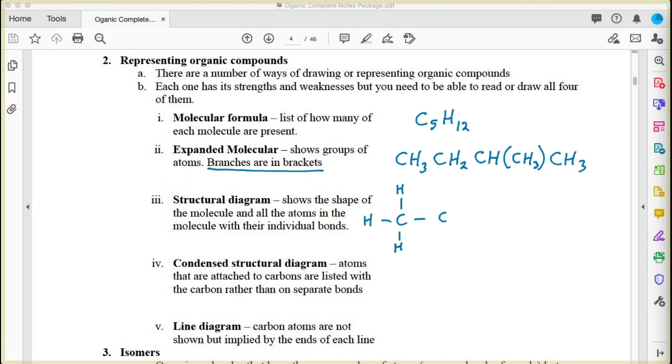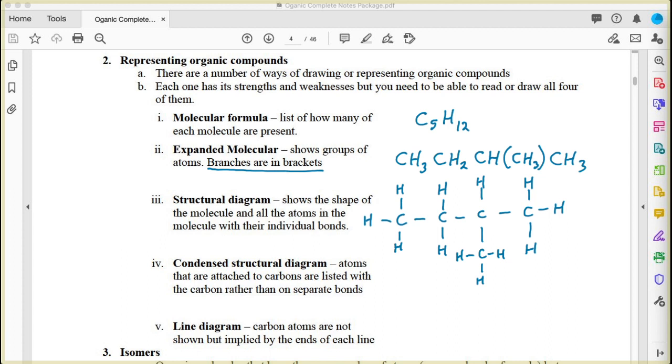Then I would have another carbon with 2 H's attached to it, another carbon that has 1 H, and a CH3 branch coming off of it, and then another C with 3 H's. So that's what that molecule would look like in a structural diagram.